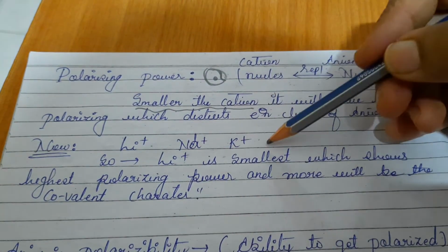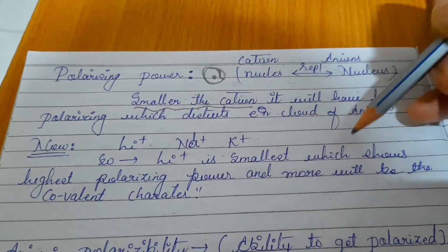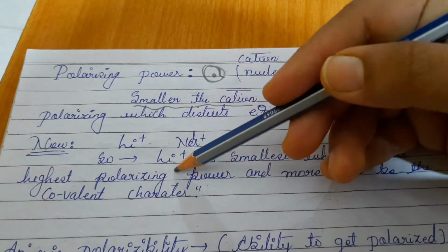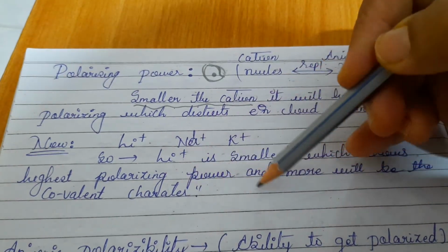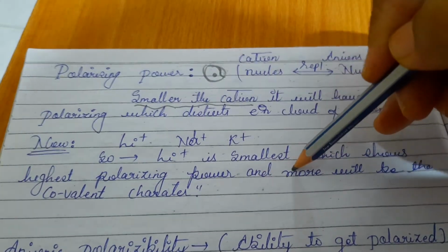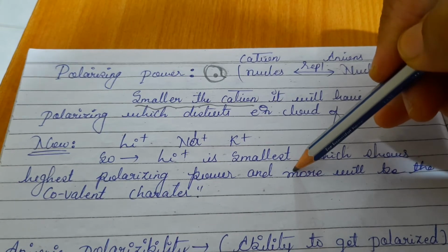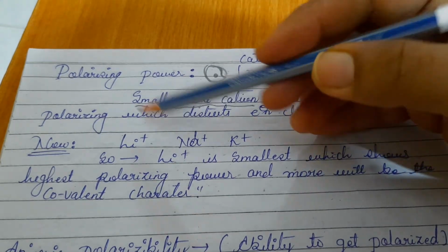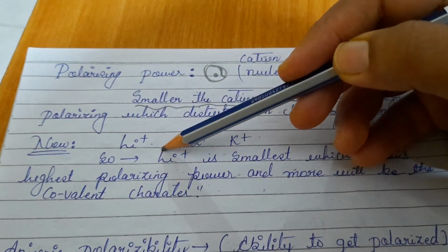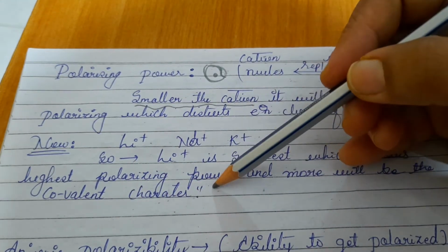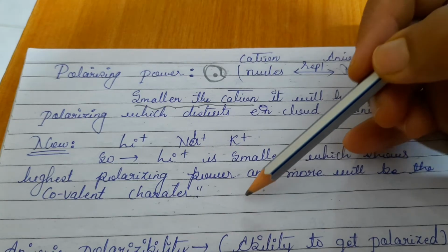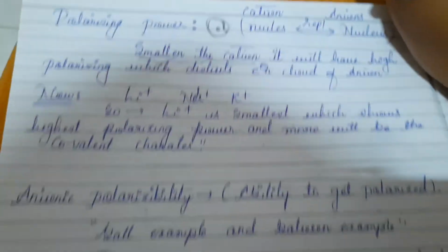Li plus has the smallest size, which shows the highest polarizing power, and more covalent character is introduced, yet the molecule is ionic in nature. Due to the smallest size of Li plus, it shows the highest introduction of covalent character in ionic compounds. So that is it.